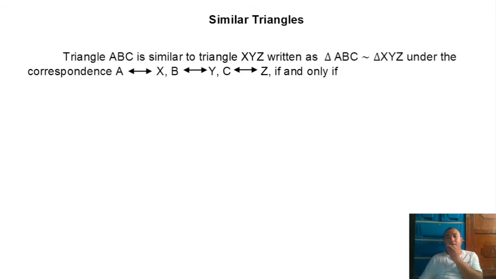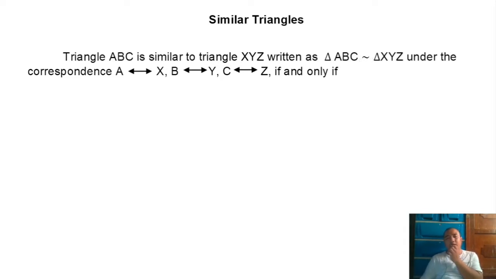So what are similar triangles? We have here triangle ABC is similar to triangle XYZ, written with the similarity symbol. This is the symbol for similarity, that wave sign.